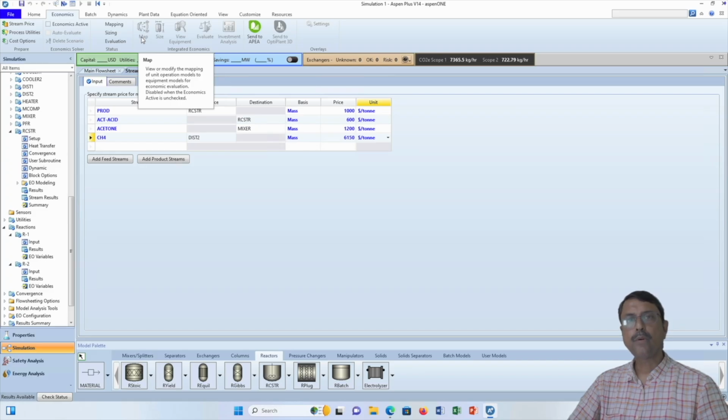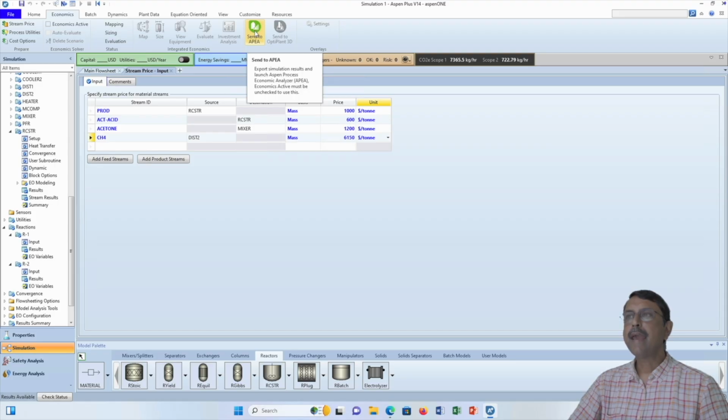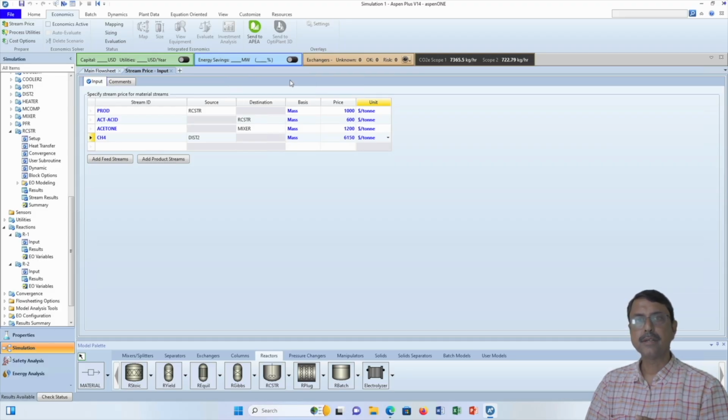But the more elaborate process is by sending to the APEA. APEA means Aspen Process Economic Analyzer. So this Aspen Process Economic Analyzer is another platform which is separate from Aspen Plus. It takes up the information from Aspen Plus and it does all the calculation. Okay.